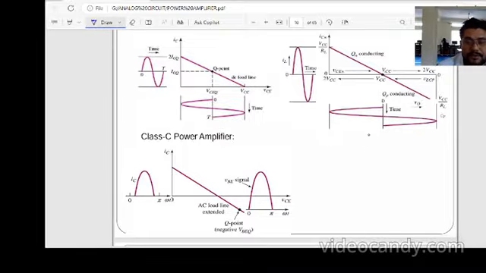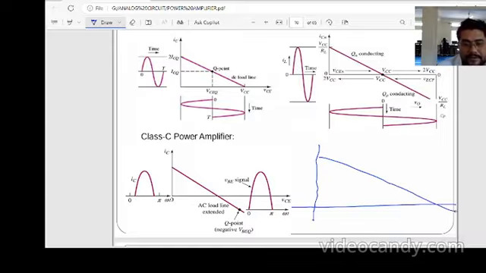Suppose we draw the load line of this circuit like this. So the Q point, up to here, is for the class AB amplifier.